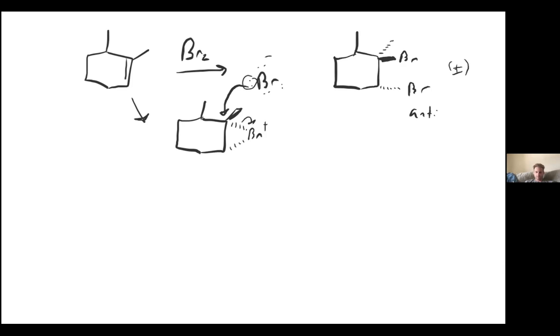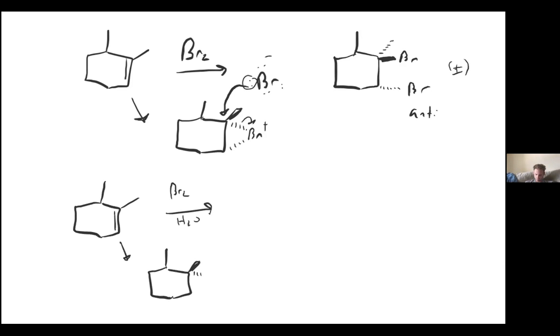For a Br2 and water reaction, it's going to be almost identical. The difference being this last step is going to be water coming in instead of Br. So you'd form this complex here.